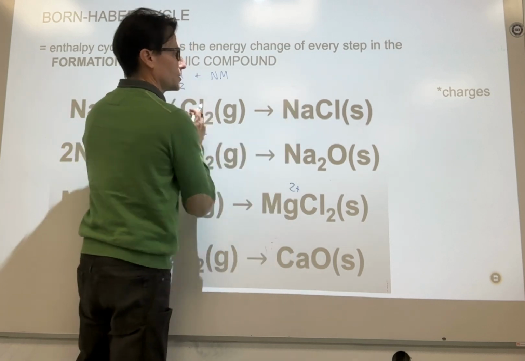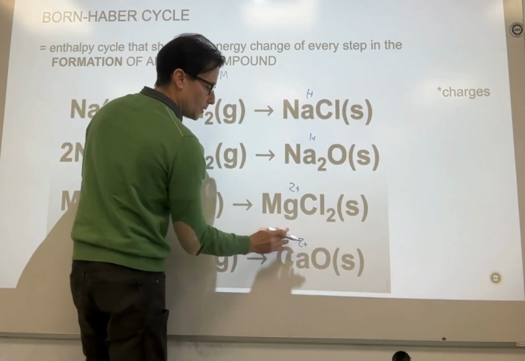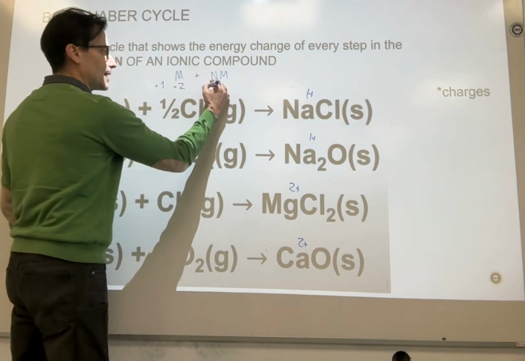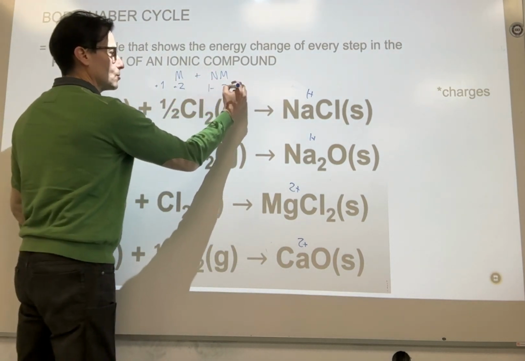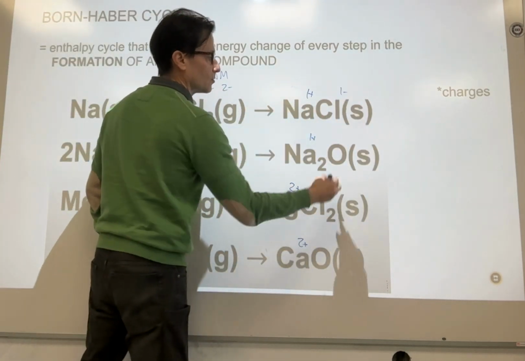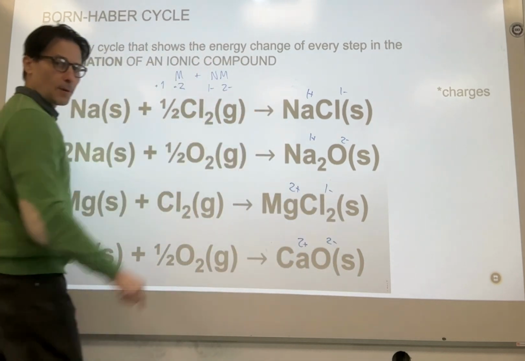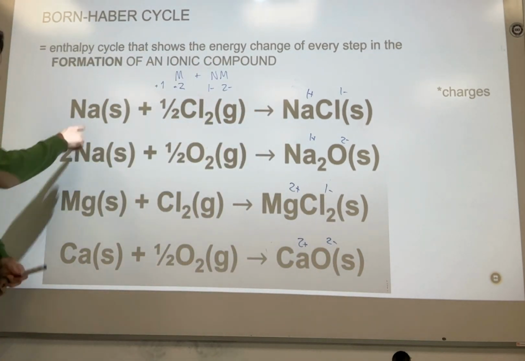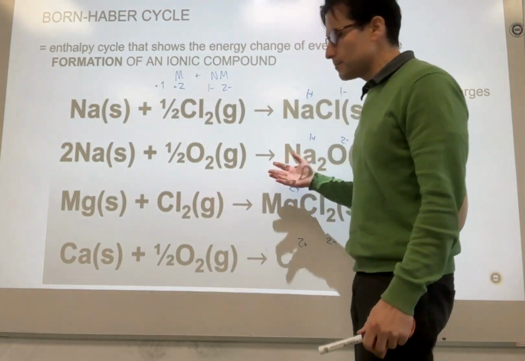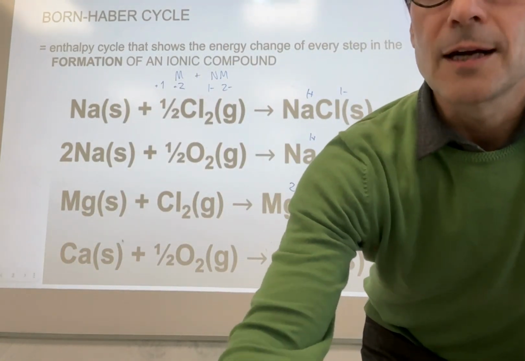Should have written these as charges, 1 plus or 2 plus. And any non-metal that has either a 1 minus or a 2 minus charge, like chlorine, which is 1 minus, or oxygen, which is 2 minus. There are all the possible combinations they could give you. Maybe not sodium, it could be lithium, potassium. Maybe not magnesium, could be calcium. Maybe not oxygen, it could be sulfur. All right, let's keep going.